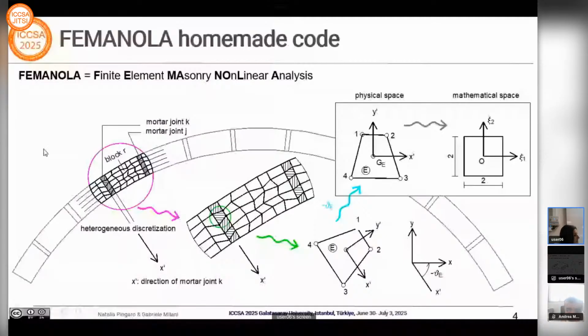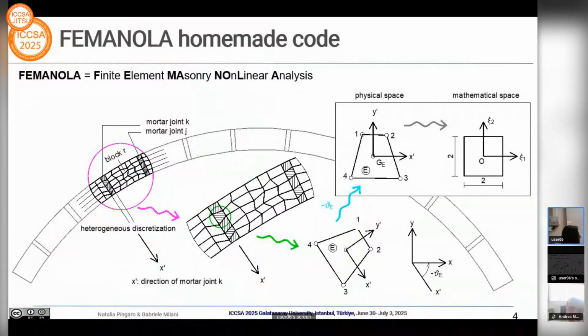The joints can be either meshed with their real thickness or with a negligible one in order to simulate, for example, dry joints or interfaces as in a standard heterogeneous discretization. The problem is based on plane stress assumptions, though plane strain problems can also be addressed.